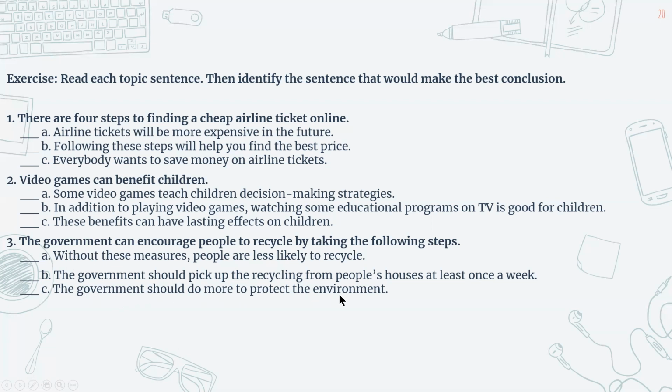No. You should not introduce any new ideas in the concluding sentence, and it should be something general or a summary of the paragraph. So it will be A. Without these measures, people are less likely to recycle. Okay, without what I talked about in the paragraph, people are less likely to recycle.